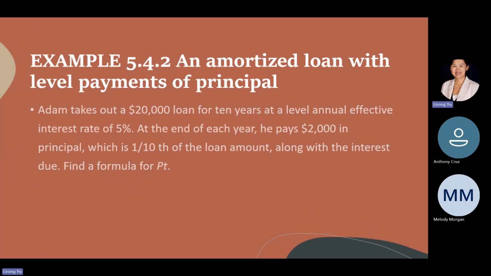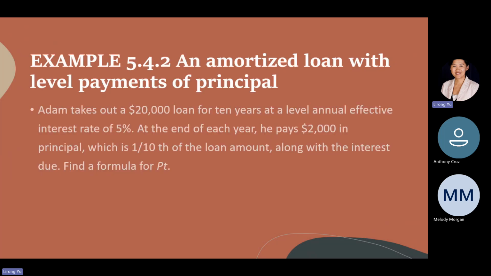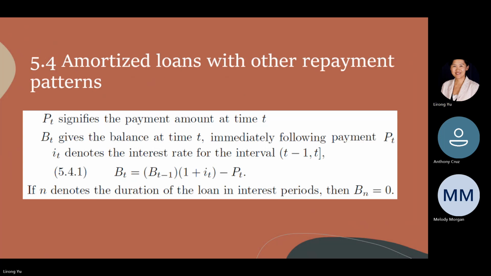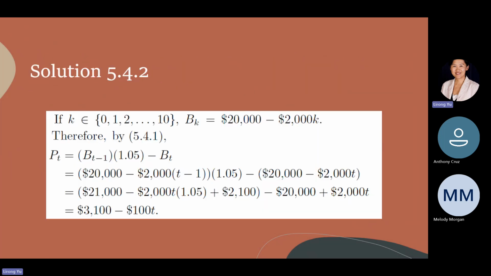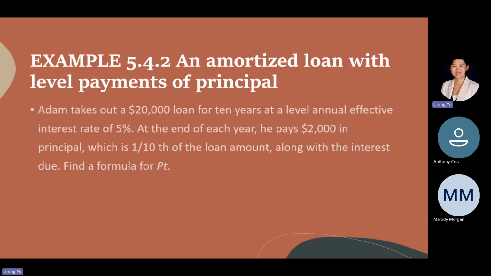In this question, we identify there could be a payment plan PT. Isn't PT supposed to be constant if it's always 2,000? Where's our solution? PT is the payment amount at time t, and we're trying to figure out a formula for PT.